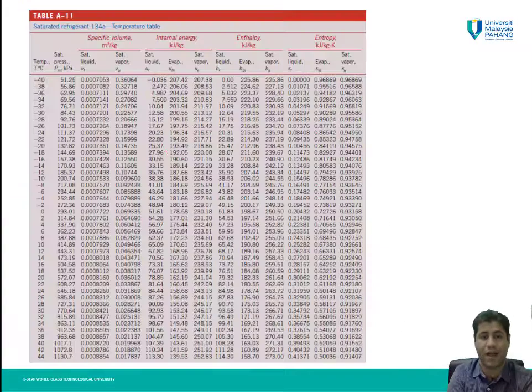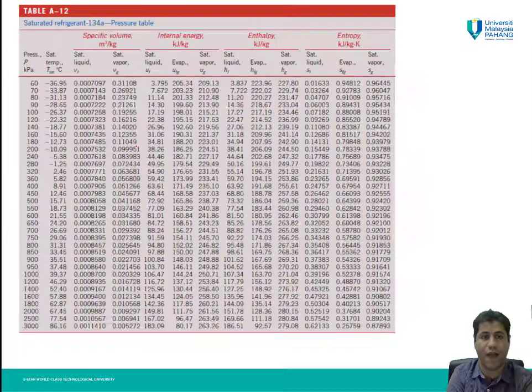The tables I have already copied from the textbook and pasted here, and you can see different tables which we have for this refrigerant. The working fluid in this example is R134A, and we have the tables, table A11, for the saturated refrigerant, the temperature table, and also we have the pressure table.